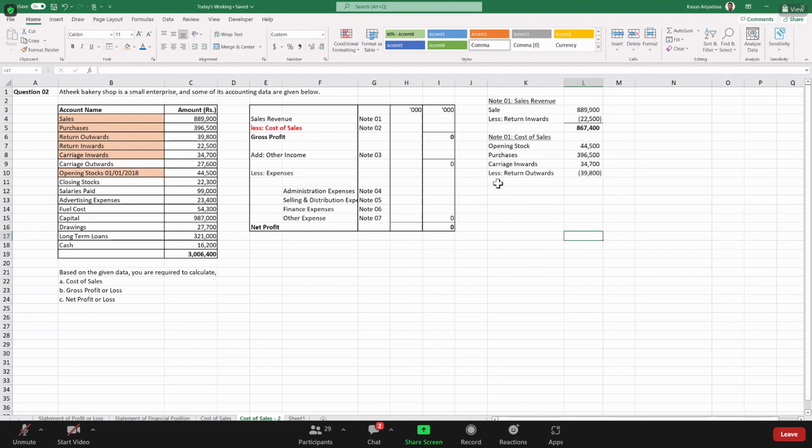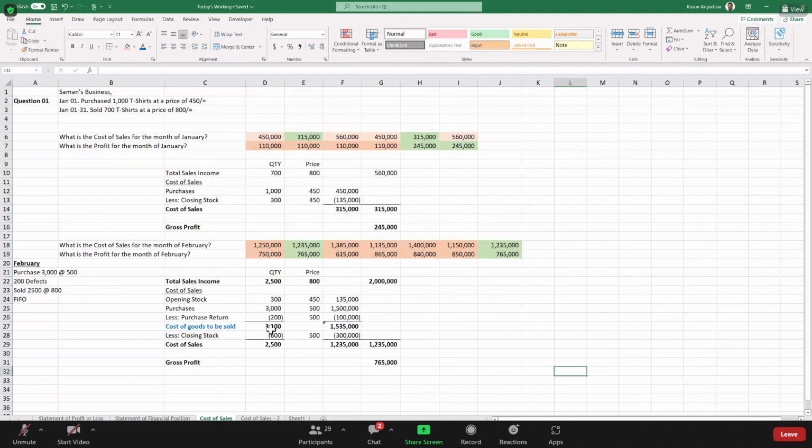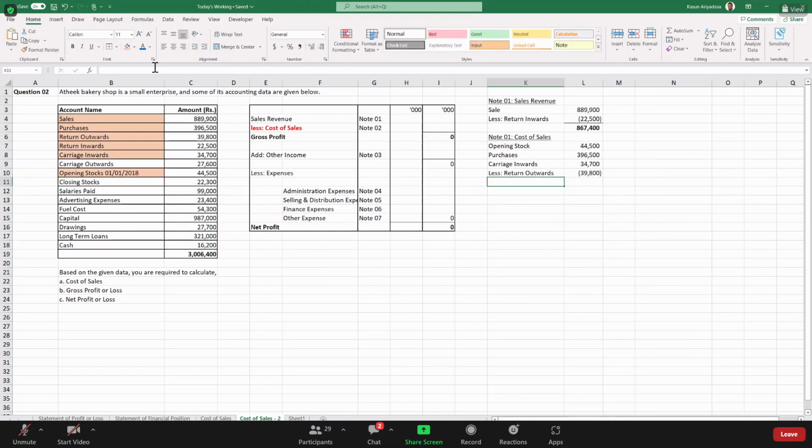Okay, this is not the cost of sales. This is the total cost of goods to be sold.